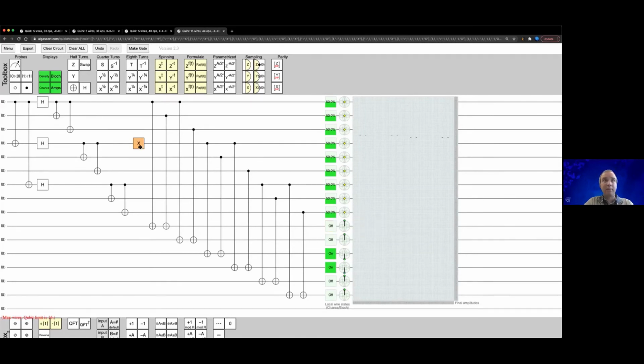And if I have an error in the second block, then the syndrome that changes is this one here, and the same for the third block. And notice that this is the same syndrome that we had in the case of the simple qubit flip code, but now 3 times.